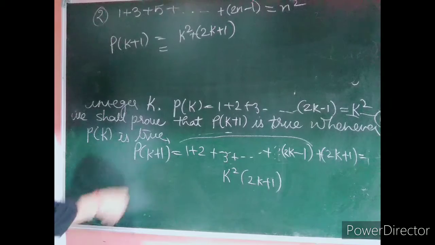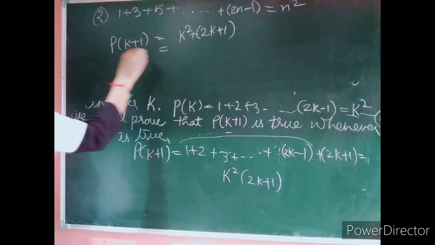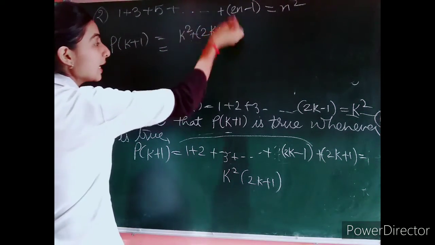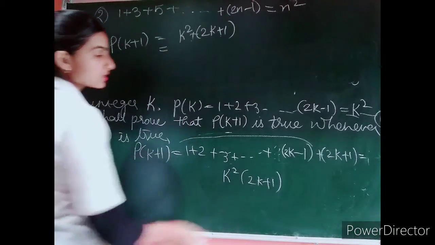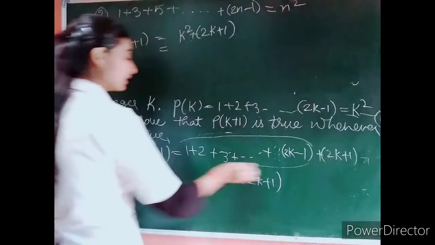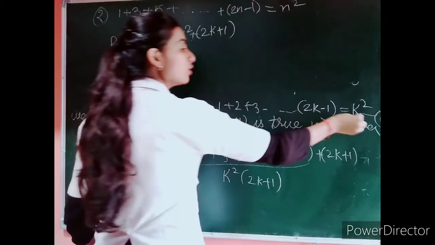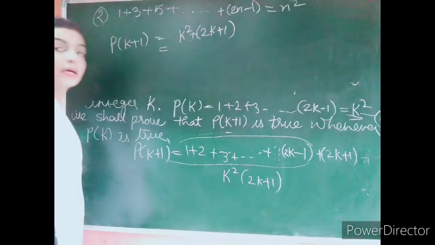We can write Pk plus 1 is equal to k square plus 2k plus 1, because from here we can see that this is the value of k square from equation 1.